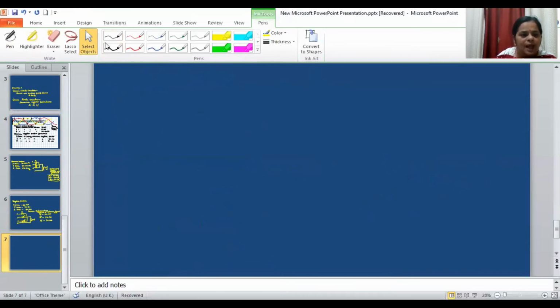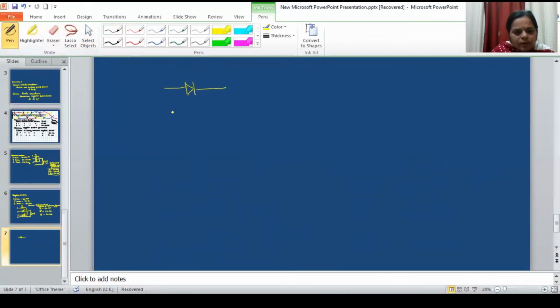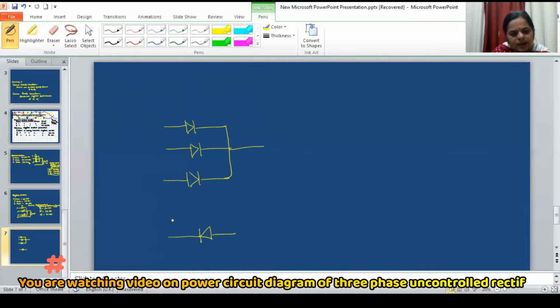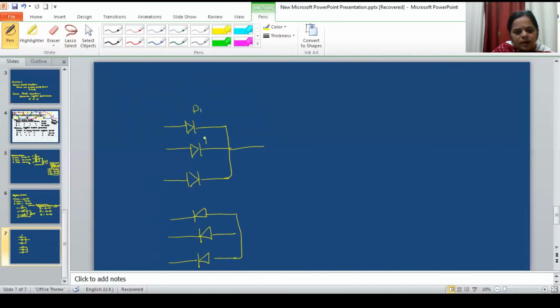Now if I connect the common cathode circuit and common anode circuit like this: this is D1, D2, D3. This is D1 dash, D2 dash, D3 dash. Here it is R phase, this is Y phase and this is B phase.